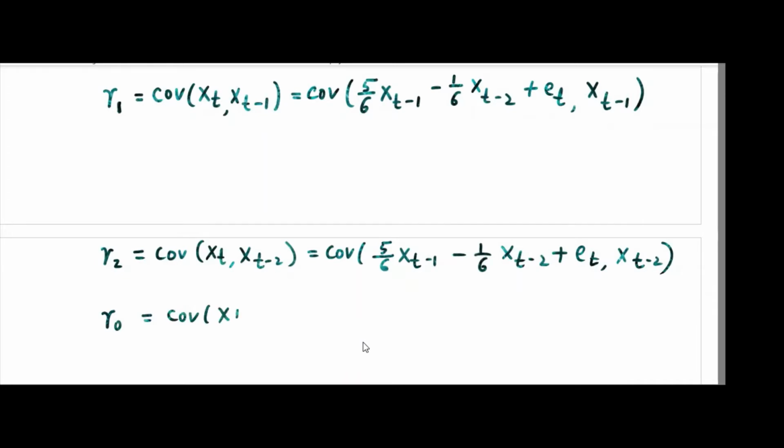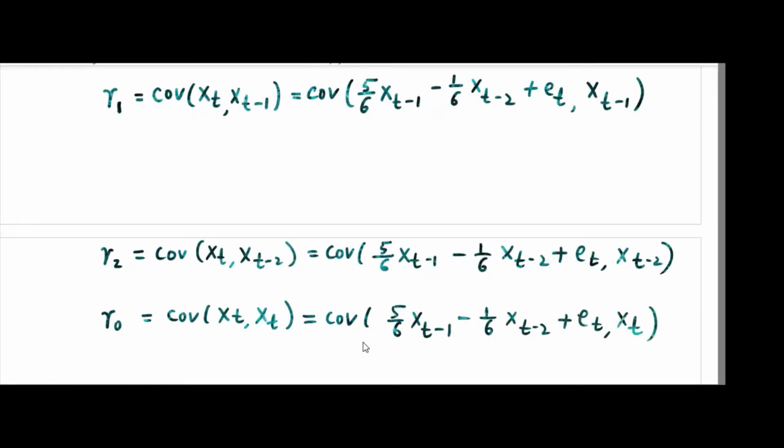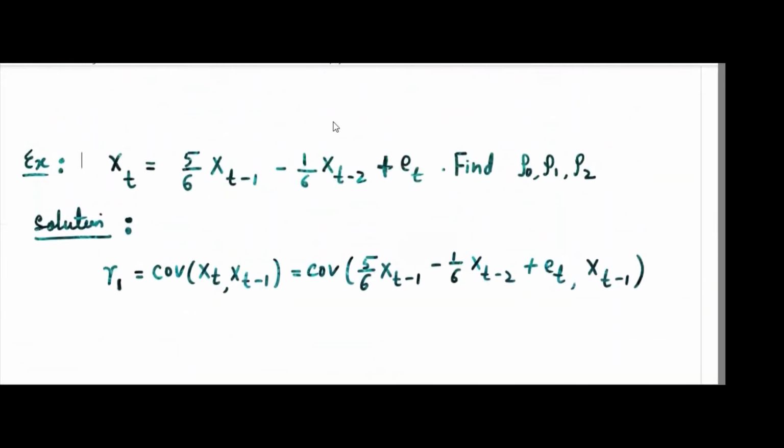Covariance of X_t, X_t. The first one where you see X_t, there you need to substitute the value given on the right hand side.